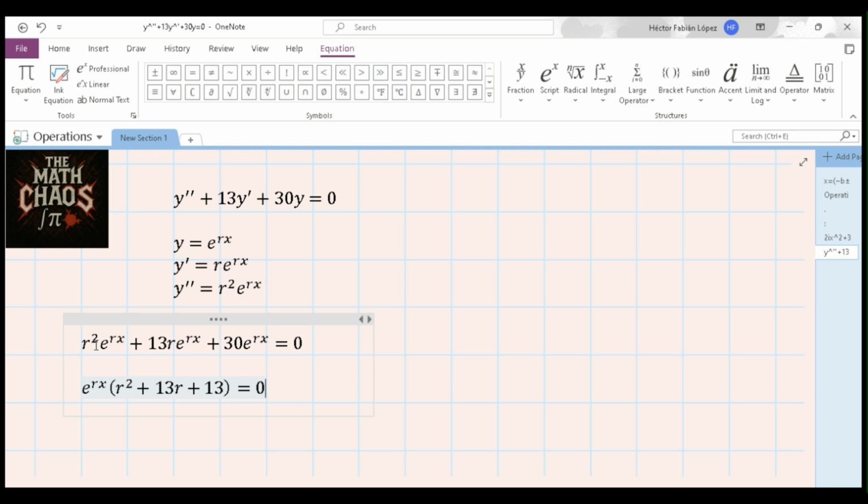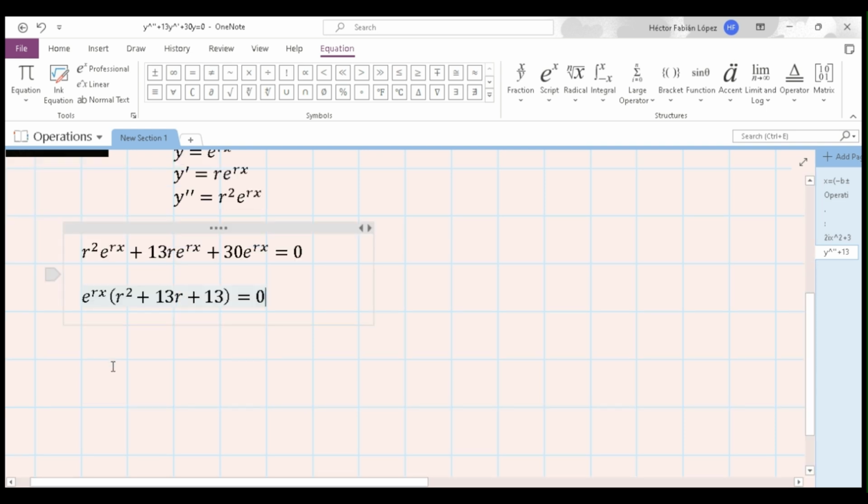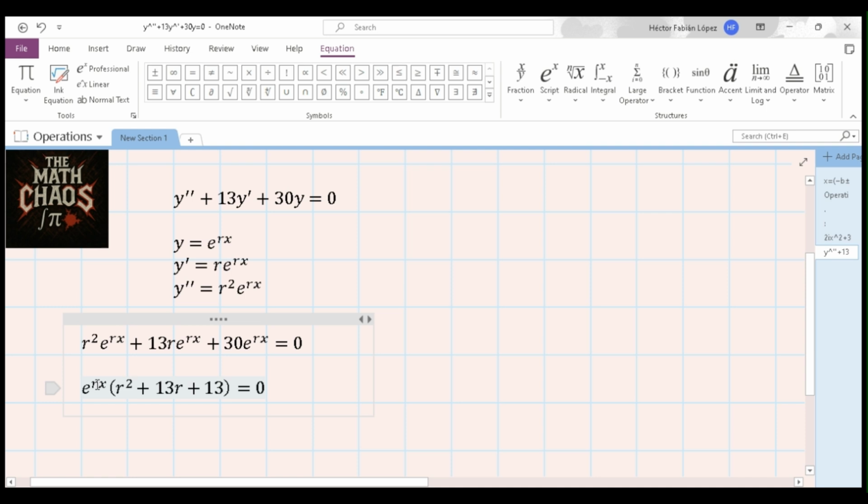In this equation, we have to find the values of r. In the first factor, e to the rx, it's impossible to get a 0 as a value. Then we will use this polynomial expression that we have here.